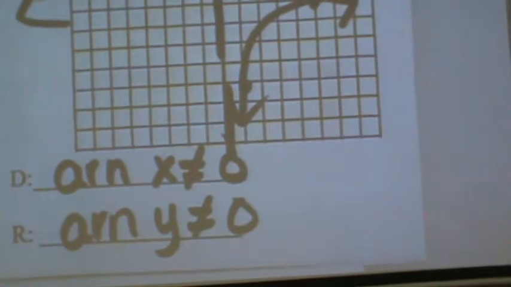So it should look like this: over 1, up 5, and over 1, down 5, so you look like that. And again, your domain is all real numbers except x can't be 0, and for the range, y can't be 0.